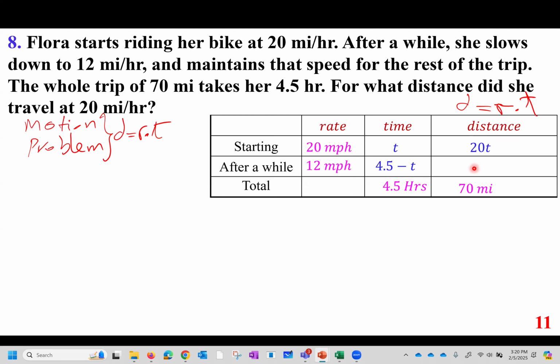What about here? 12 times 4.5 minus T. If the total distance is 70 miles, the sum of these two must be 70 miles. So 20T plus 12 times 4.5 minus T must be 70.